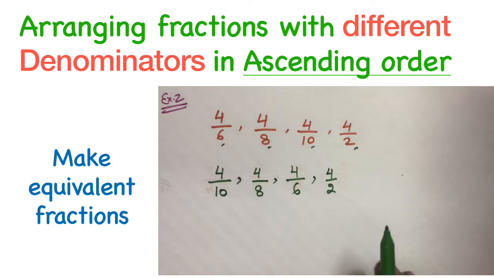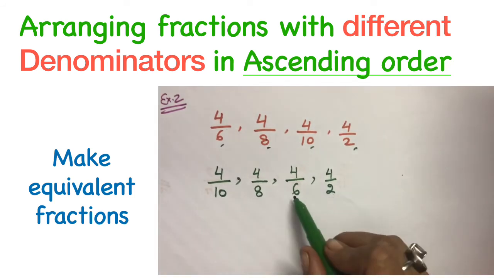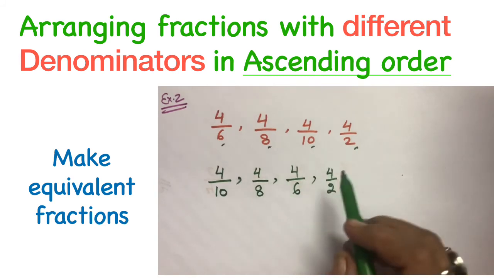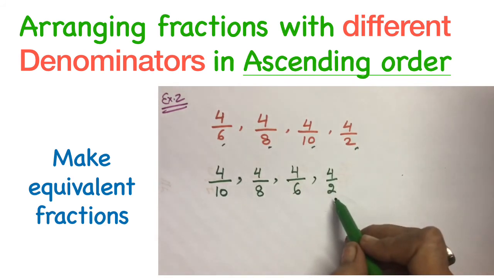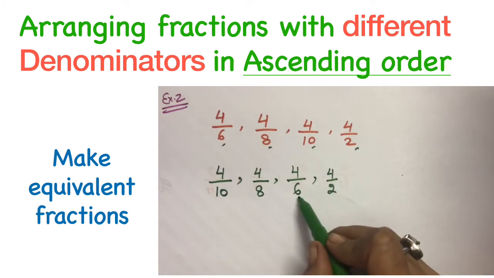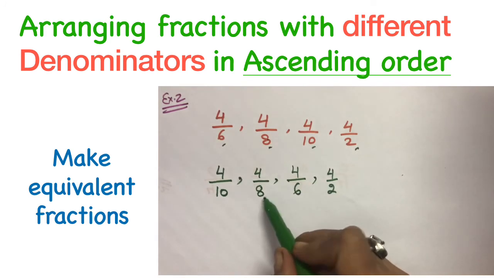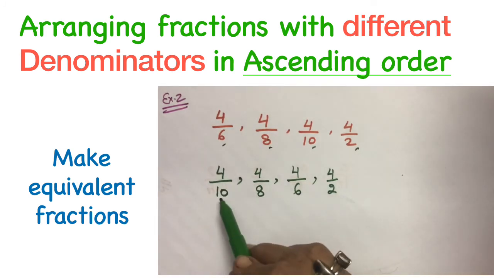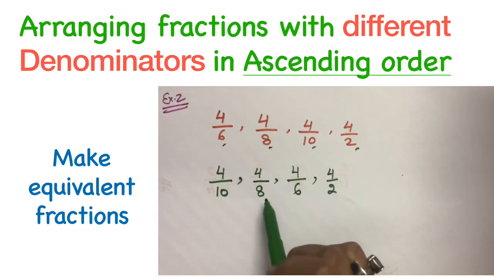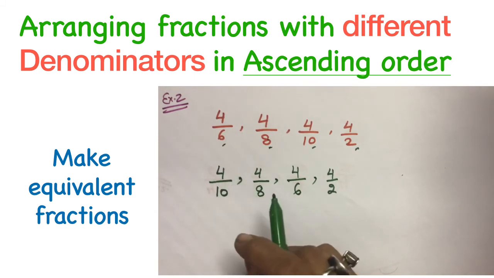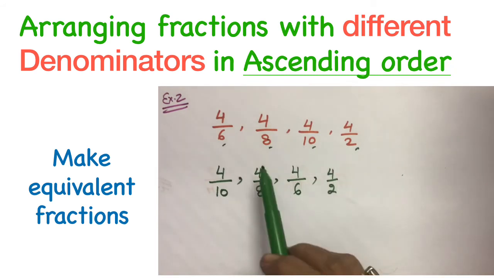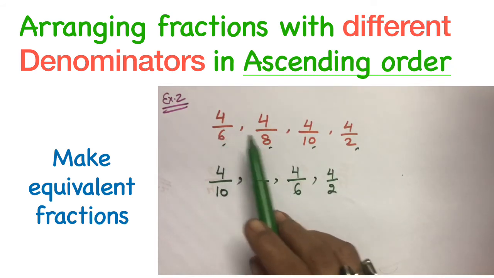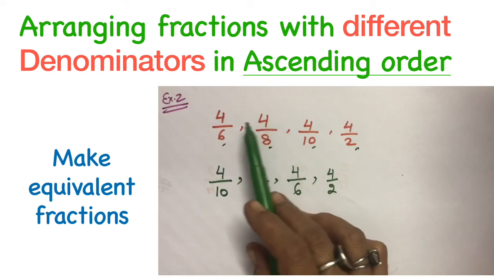You remember in other video I told that for unlike fraction, when denominator is smaller, that means it is divided in less pieces. So here it is divided in 6 pieces, here 8 pieces, here 10 pieces. More the pieces, the fraction becomes less. We can use this trick for the fractions which have same numerators.